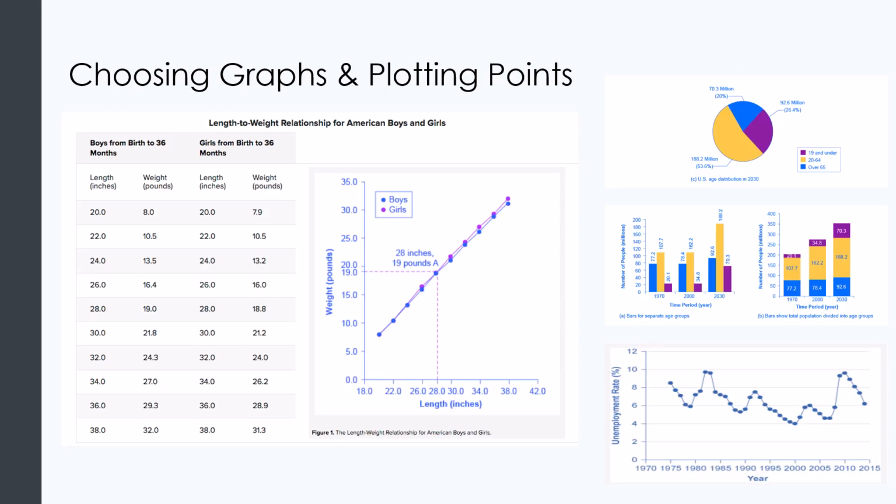And so one final note about graphs. Here on your right, you see a pie chart, a bar chart, or excuse me, a column chart, and a line graph. Thing about those is that we always choose a graph based on the kind of information we have and being as clear as possible in our presentation.